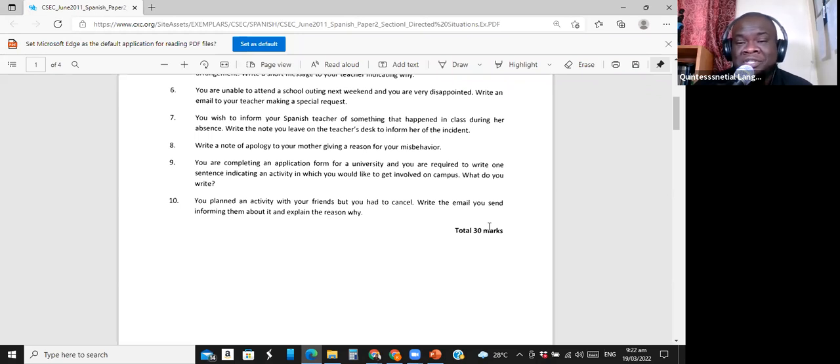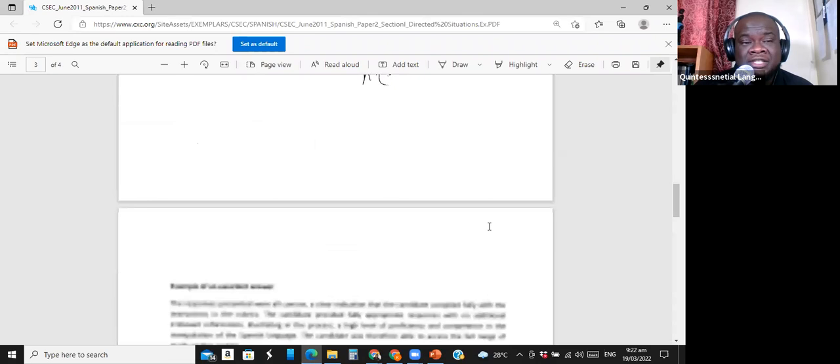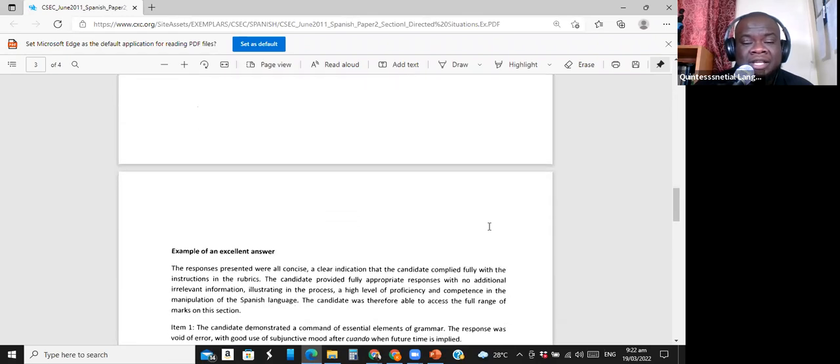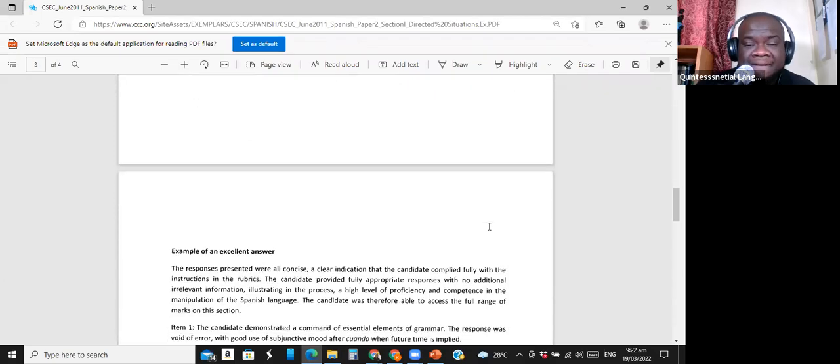That is not appropriate to the situation. You get 0 marks, even though you may have used an idiom and perfect Spanish. So your response must be appropriate first, and then they check for the grammar. And as you would see here, this is basically a sample of responses from a student.